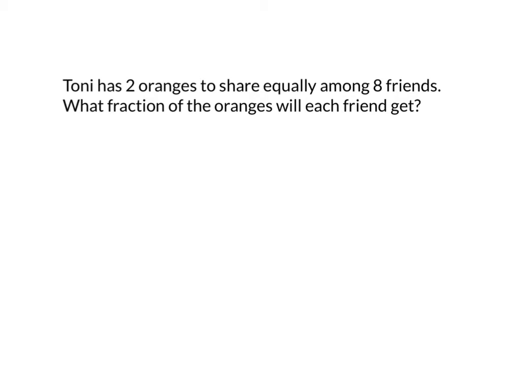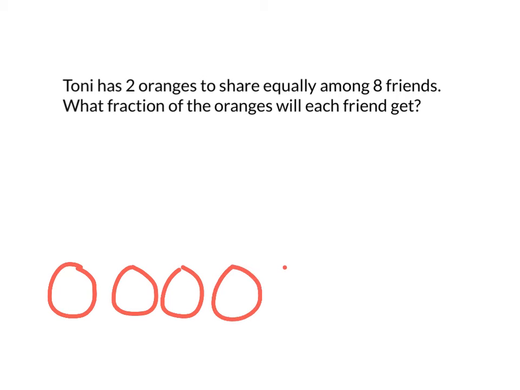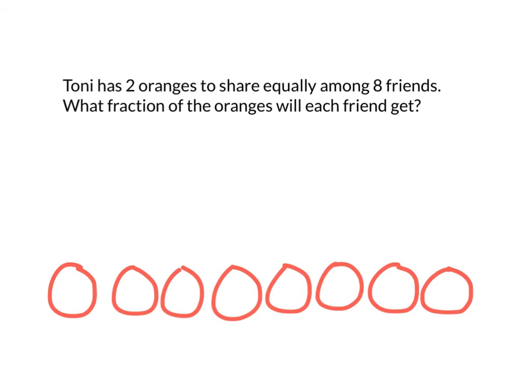The next problem looks like this. Tony has 2 oranges to share equally among 8 friends. What fraction of the oranges will each friend get? All right, like usual, I'm going to encourage you to draw a picture. So the first thing this time I'm going to draw is my 8 friends. 1, 2, 3, 4, 5, 6, 7, 8.